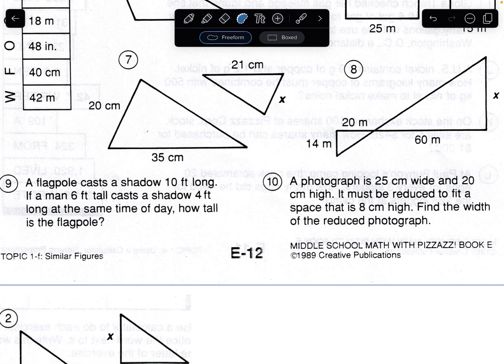I haven't explicitly taught this, but you would probably want to use a method of 3 reads. So you're going to read your word problem 3 times, and every time you're reading it, you're looking for something different. Your first read, you're looking to just understand what's going on in this problem, and you are looking for numbers and values.